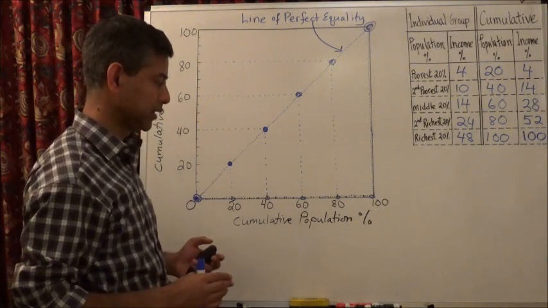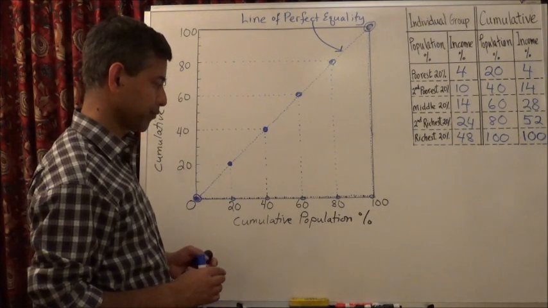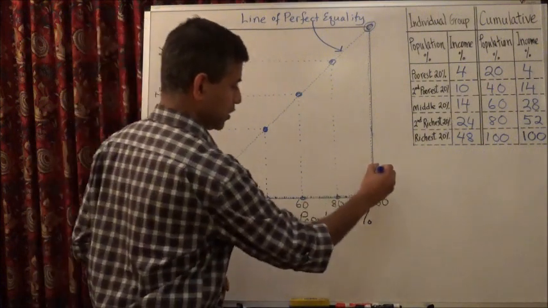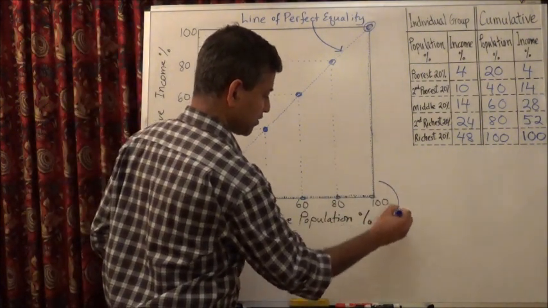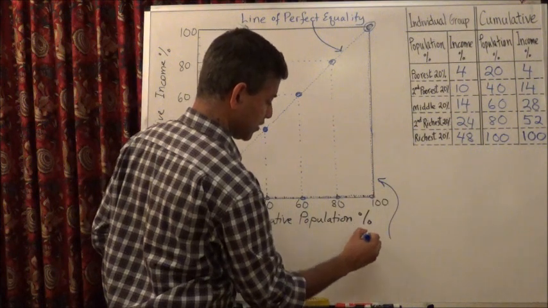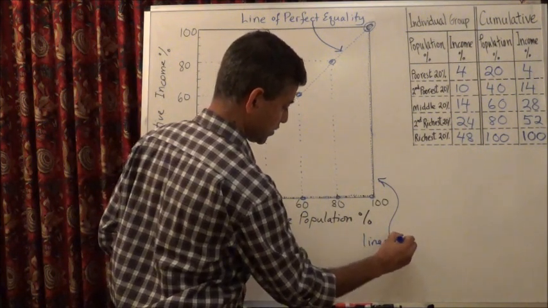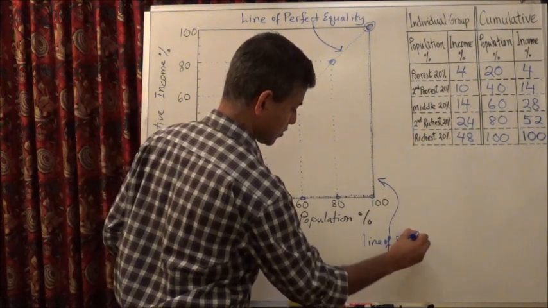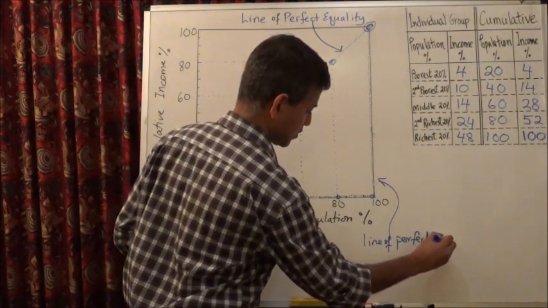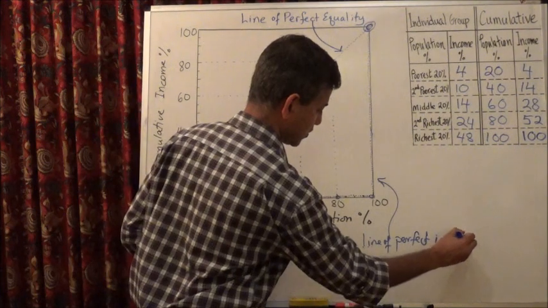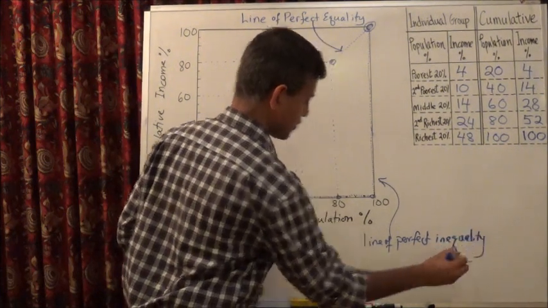Inequality could not be any more accentuated. So we could label this as the line of perfect inequality.